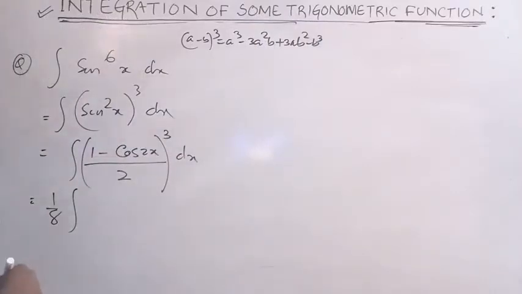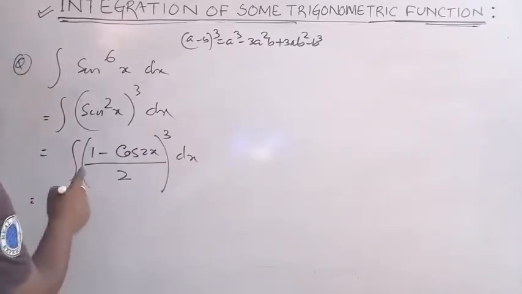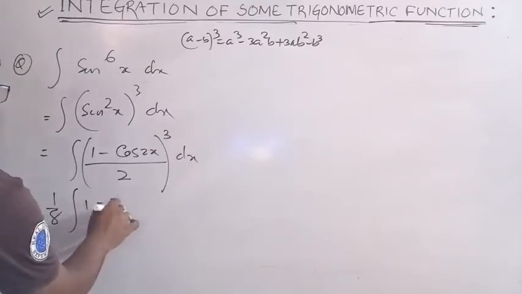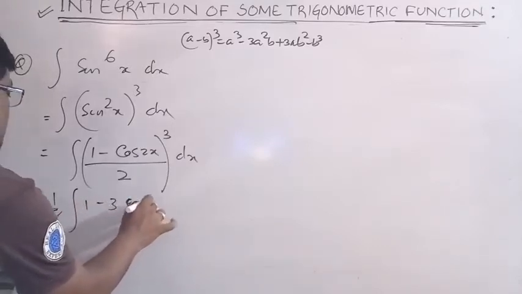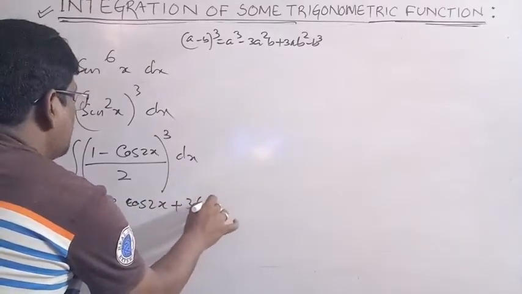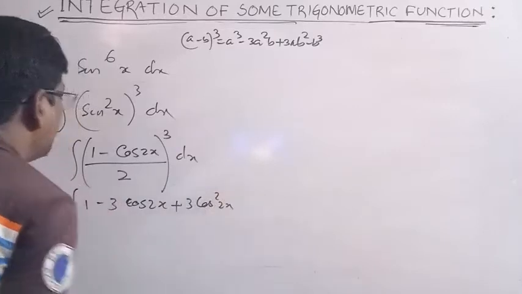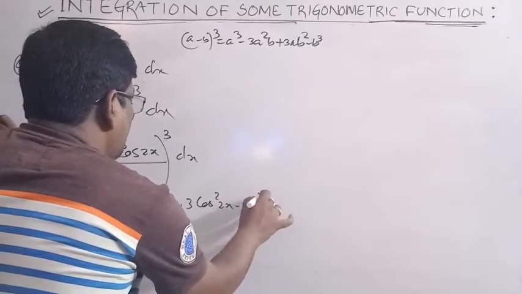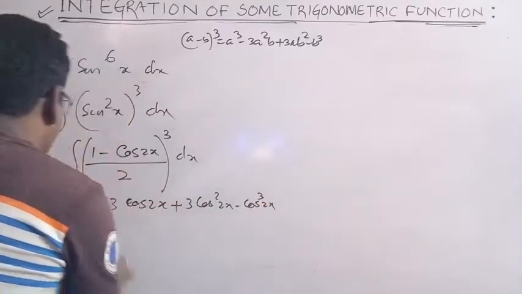So this will be 1 minus 3 cos 2x plus 3 cos square 2x minus cos cube 2x whole into dx.